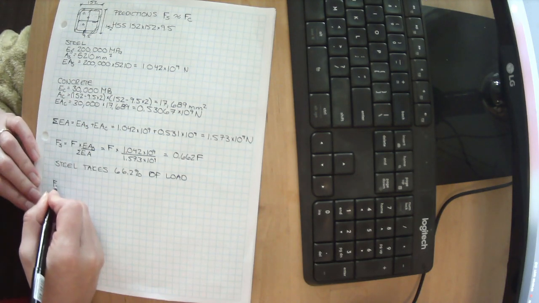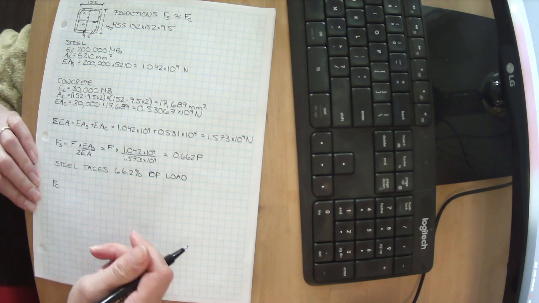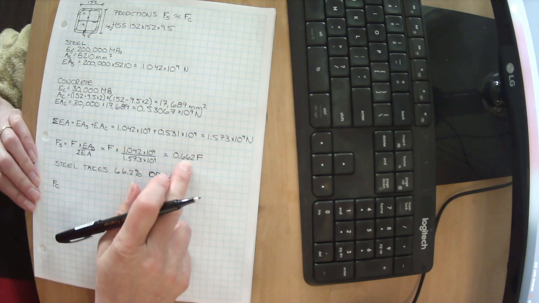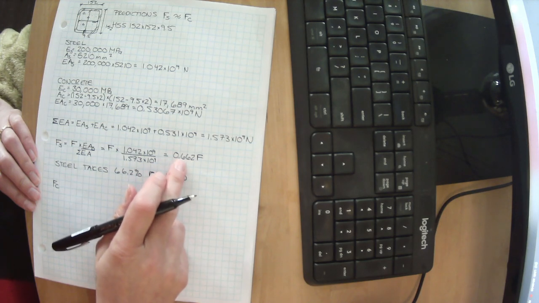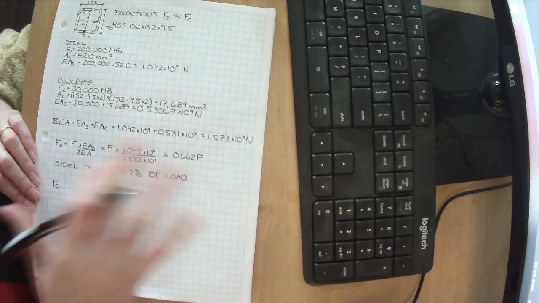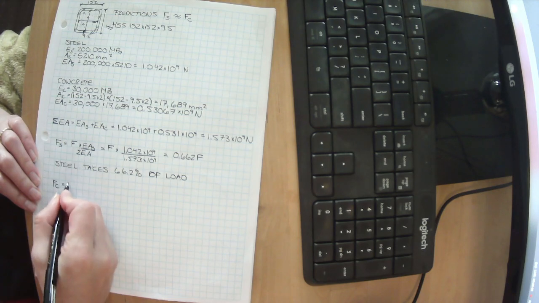Let's look at the force in the concrete. Now, I know some of you are like, oh, it's just whatever's left from 1. We could do that by doing 1 minus 0.662. We can. Let's just do it this way.